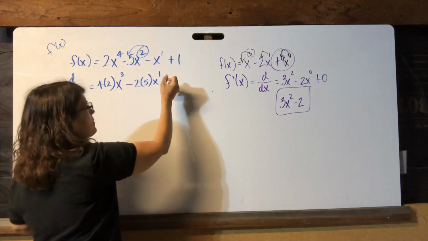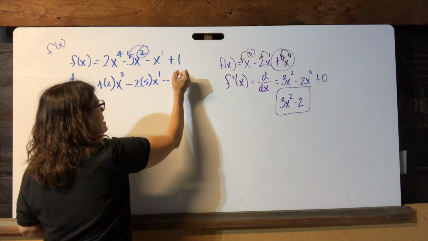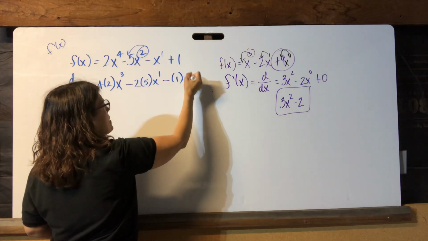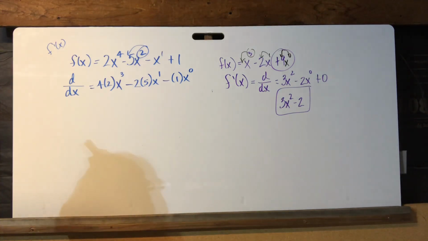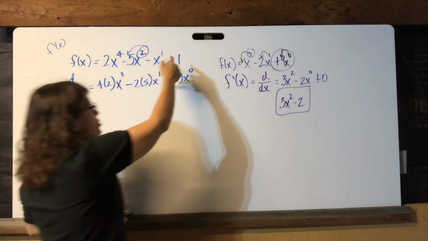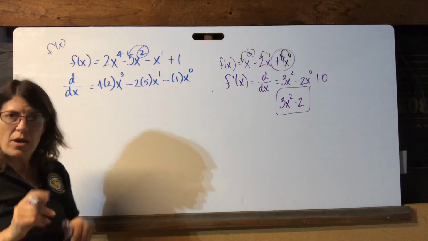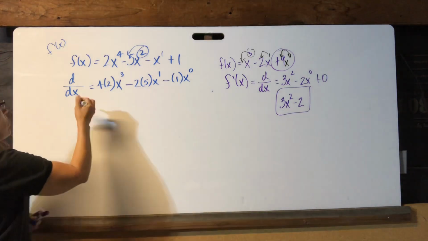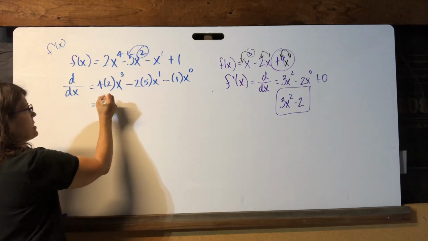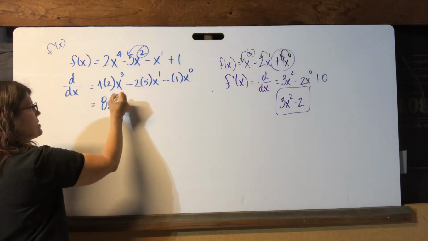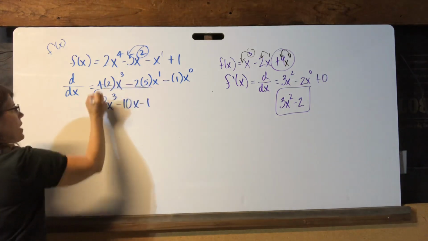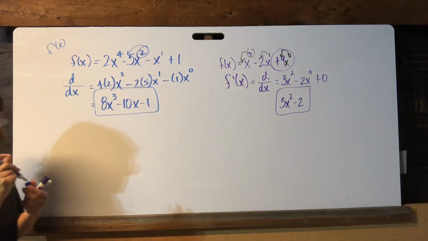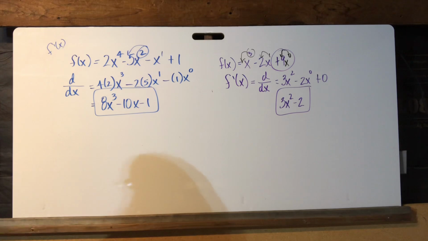This is x to the 1st, bring the 1 down in front, decrease the power by 1, you get x to the 0, and then the derivative of a constant is 0, and I'll write that down in a second. So when you are all said and done, this becomes 8x cubed minus 10x minus 1. The derivative of a constant.